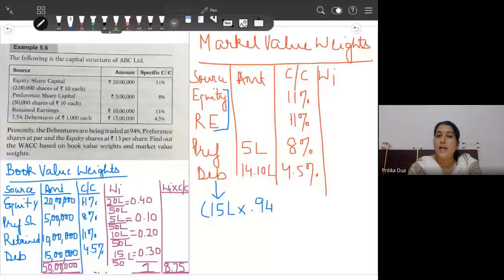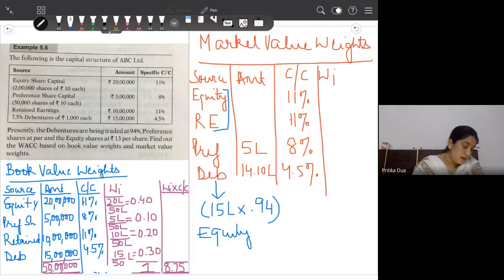So when market value of equity is 13 per share, this includes both the value of equity share and a part of retained earnings. My total equity is worth 13 per share. I have 2 lakh shares in the market, which means the value of equity right now is rupees 26 lakh.